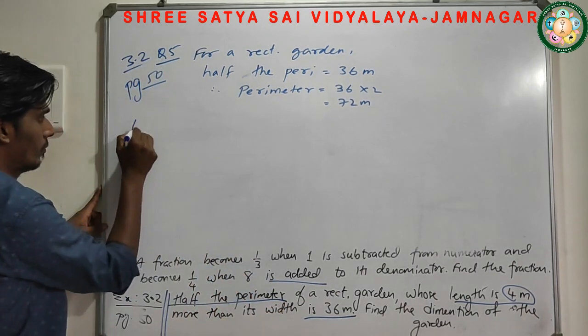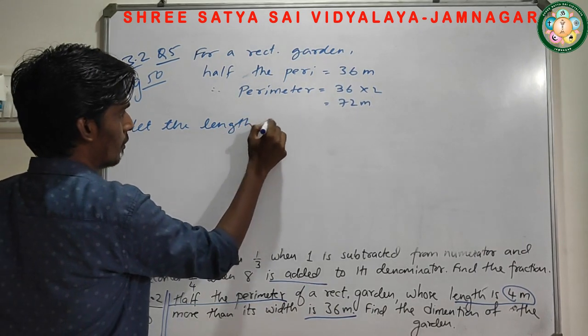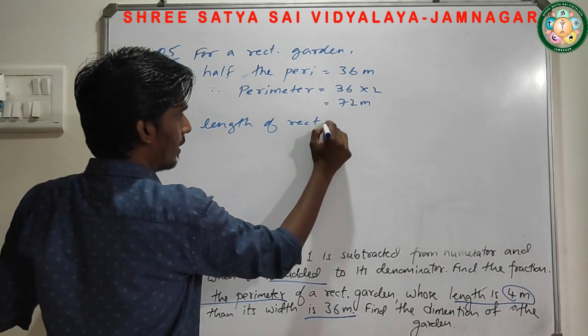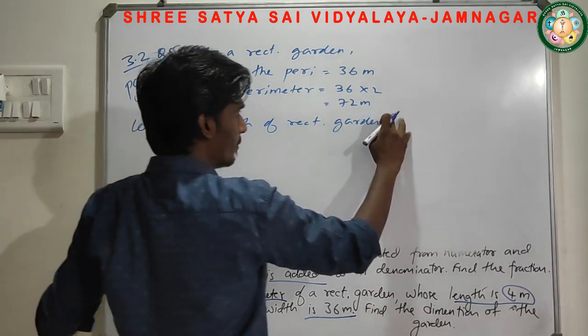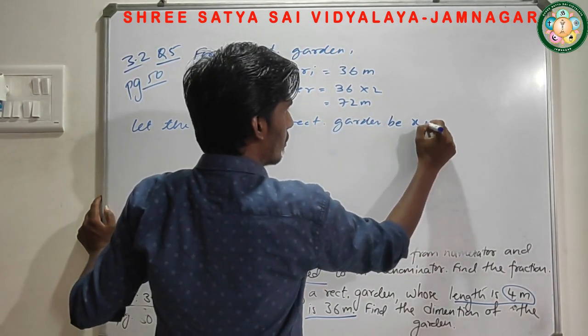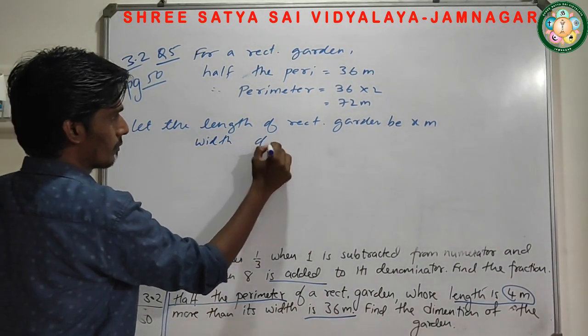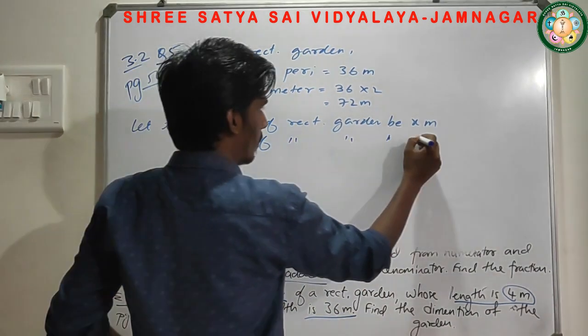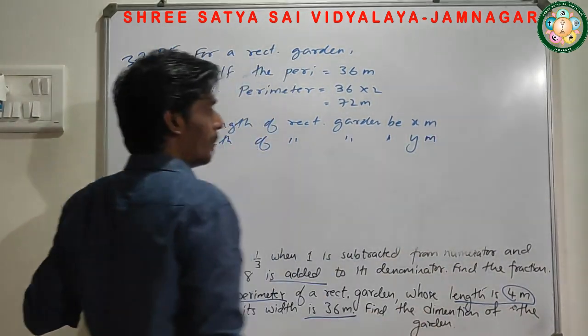Now let the length of the rectangular garden be x meters and the width be y meters.